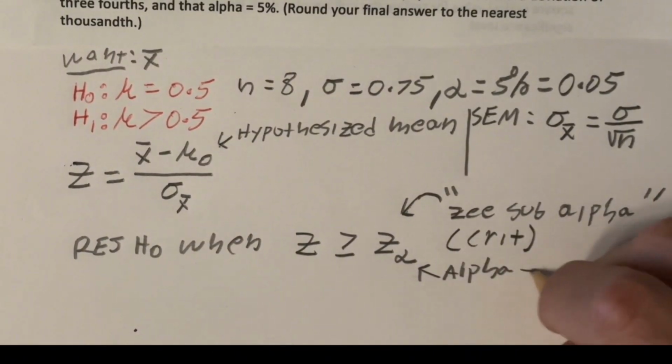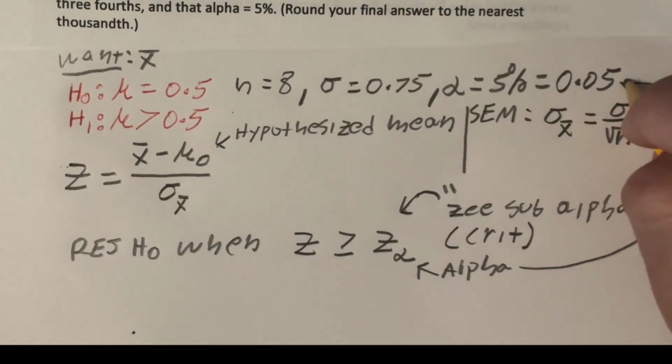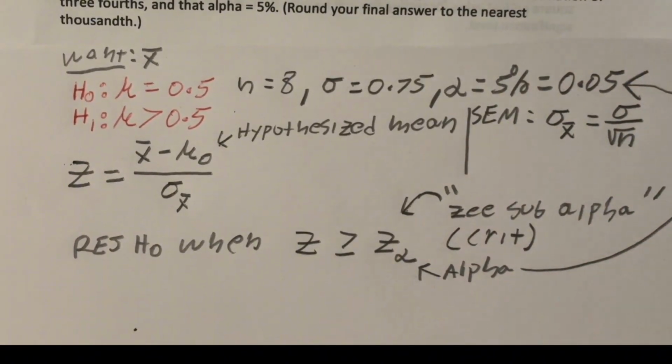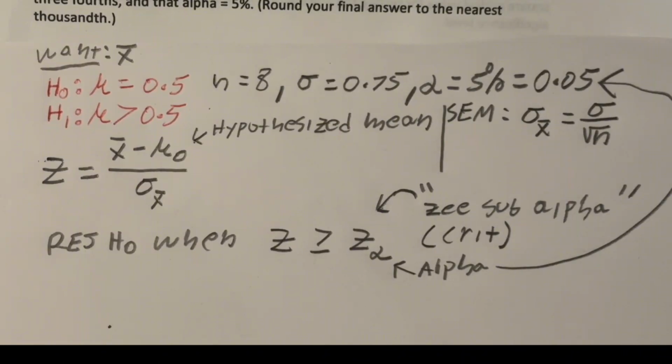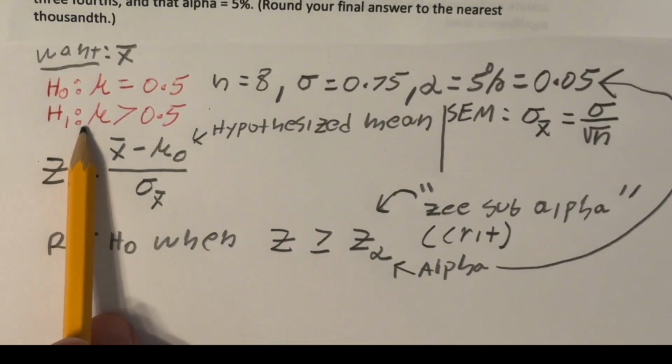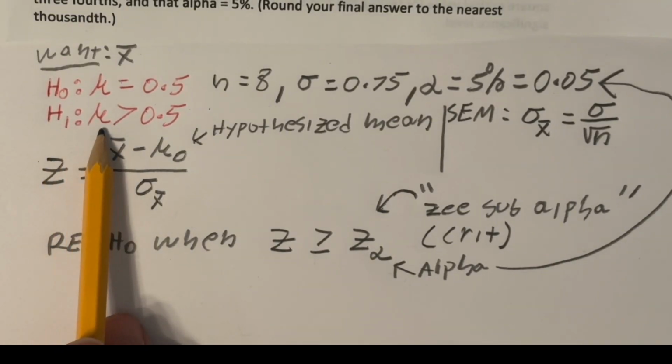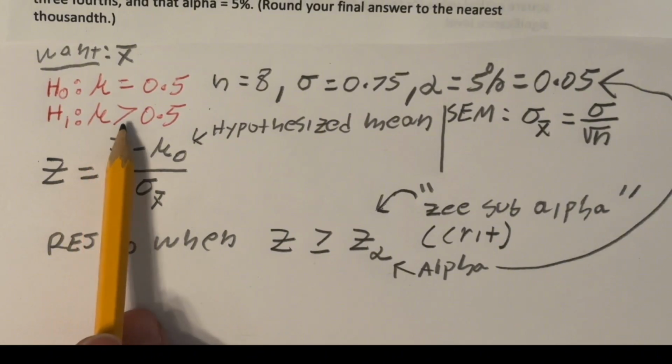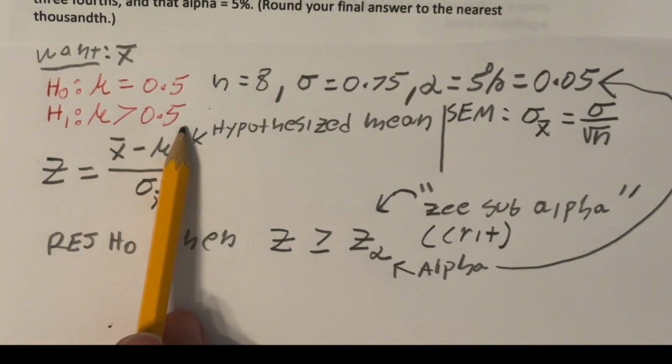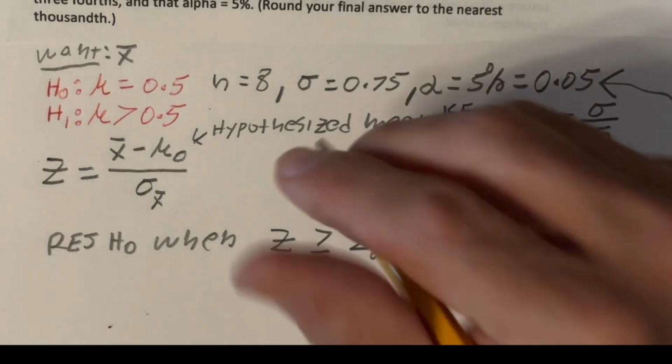And we already wrote down that alpha was equal to 5%. Okay. So this is what's called a right-tailed test because the alternative hypothesis says that the population mean is greater than, notice this points to the right, greater than 0.5. So it's called a right-tailed test.